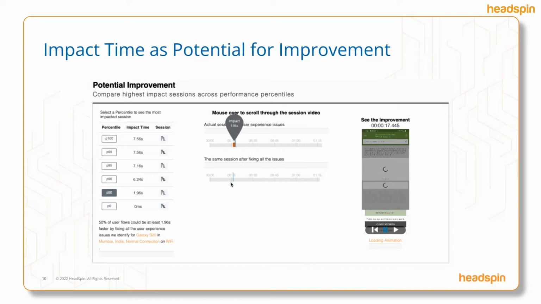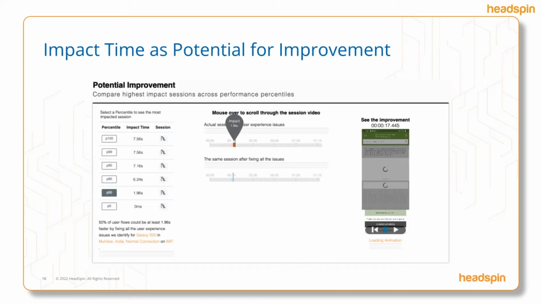In the lower section, what we do is we basically just chop out the impact time. When you play back the video from the lower section, you can see what the user experience would look like without that issue being present. So you can see what the user experience would look like if your loading was performant, for example. So you can think of impact time really as that potential for improvement.